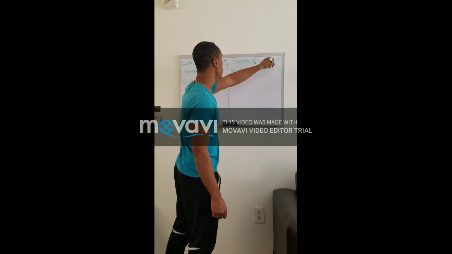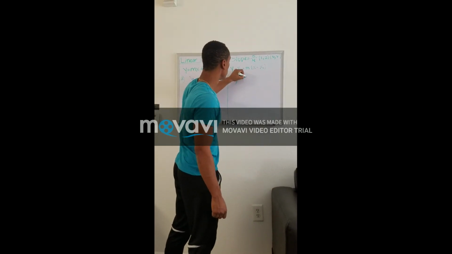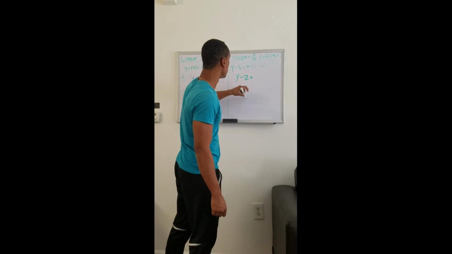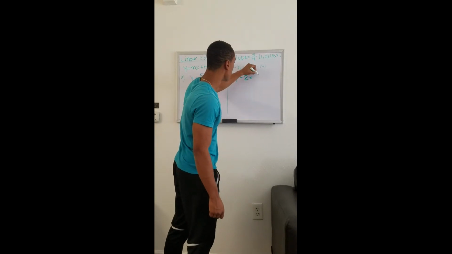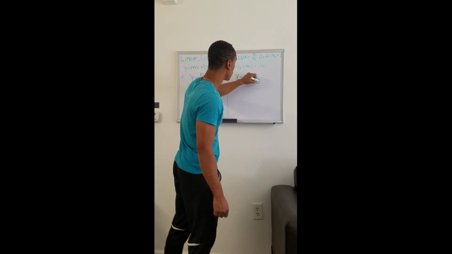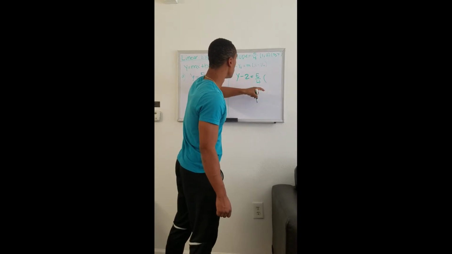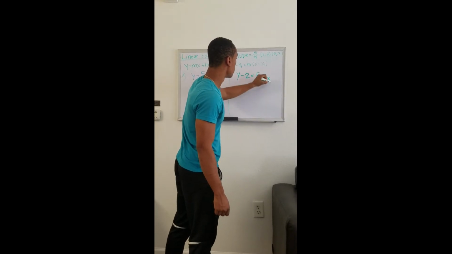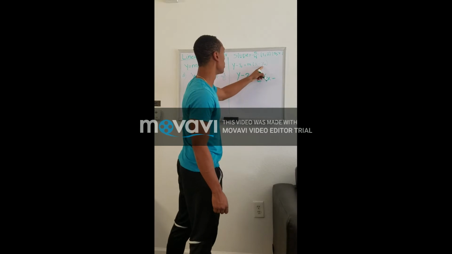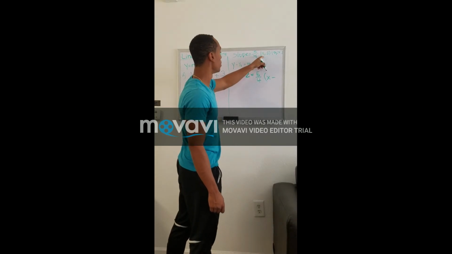So y1 in this case is 2 equals m, the slope, 5 over 4, times x minus x1, which is 1.